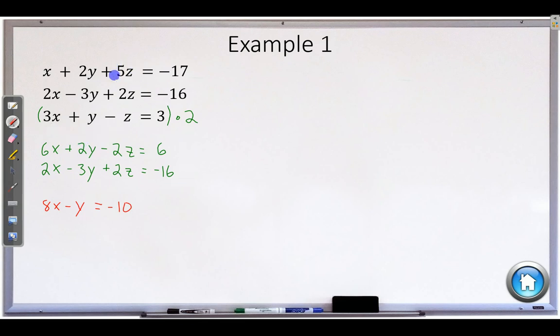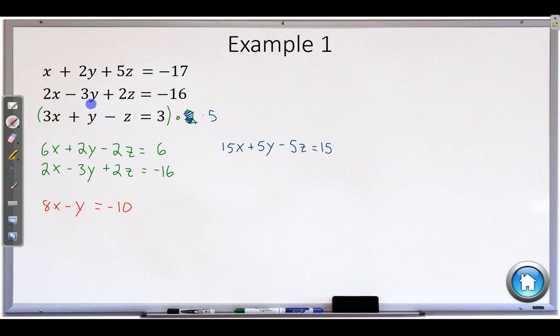But this time I'm going to make it cancel out the other equation, the 5z. So this time I'm going to multiply by something else. This time I'm going to multiply by 5. So I'm going to write this over here. So now 5 times 3x is 15x. 5 times y is plus 5y minus 5z is equal to 15.